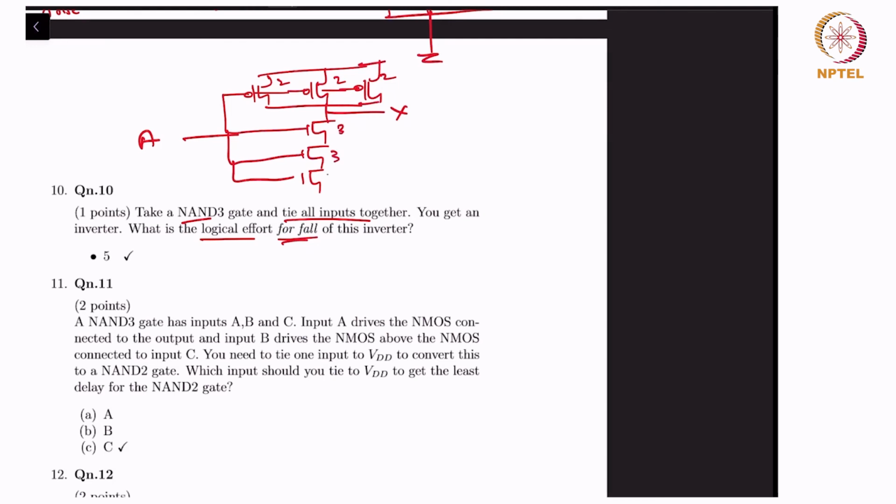This has size 3, 3 times the reference size, which is a 3 stack. And the total capacitance on the input would be 2 plus 2 plus 2, that's 2 into 3, plus 3 plus 3 plus 3, which is 3 into 3. And since in the falling case, it still has a resistance of R, we were asked what the logical effort for fall is. So GF would be equal to this divided by 3, because the reference is still the 2-1 inverter for this, which is equal to 5.